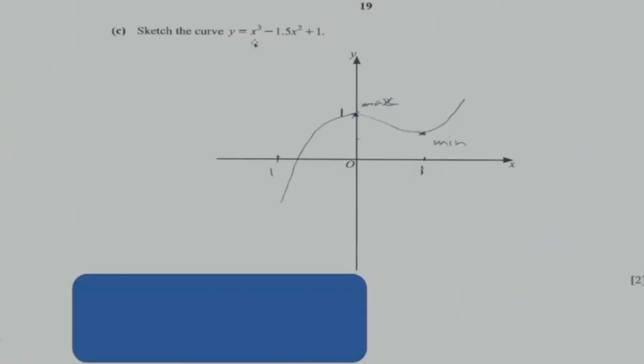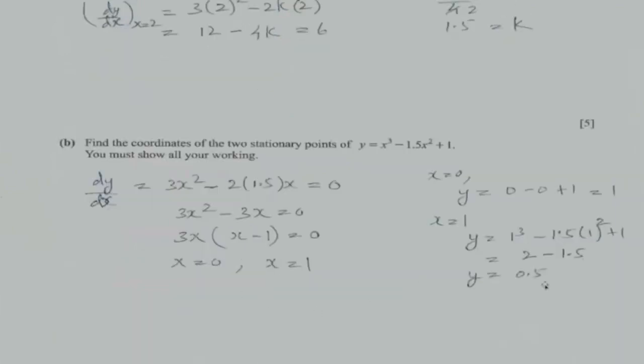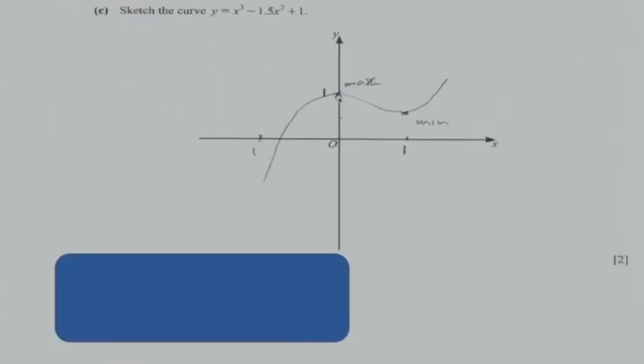Sketch the curve y equals x cubed minus 1.5x squared plus 1. We have to get the second derivative to find the turning points, maximum and minimum. We know when x equals 0, y equals 1, and when x equals 1, y equals 0.5. So this is one point and the other one is here.